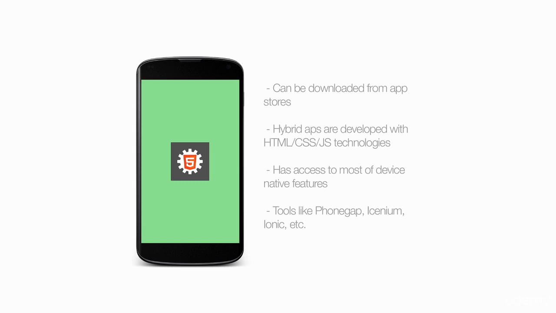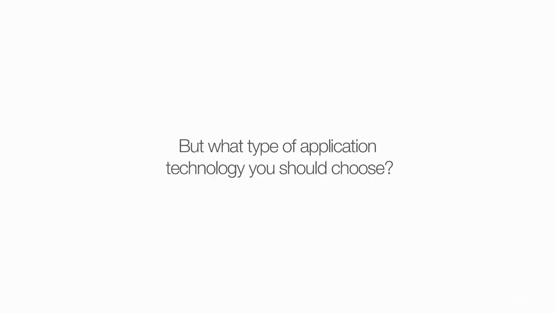But what type of application technology should you choose? Well, basically, it depends. But one thing to remember is that user experience is going to change across those categories of apps. In cases where factors like app availability without internet connection, notifications, and hardware resources are important, going the route of a native application will be the best option.